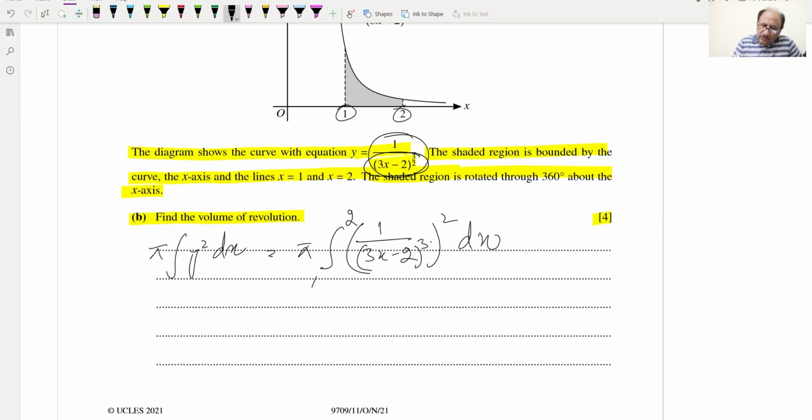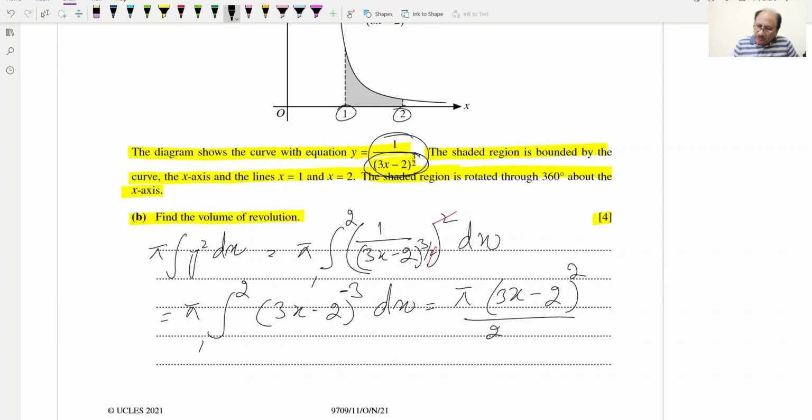Now this will be 3 by 2, so now this 2 will be cancelled with this, and our term will be pi as it is, integral from 1 to 2, and we will change the denominator to numerator, so it will be 3x minus 2 raised to 3 dx, and we can integrate this. The integral will be pi and x, 3x minus 2 raised to the power, this is basically minus 3 over here, so it will be 2 over power, 2 into the derivative of 3x, which is 3.